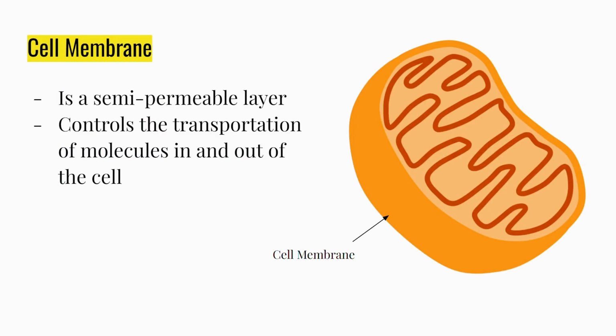So, all cells have plasma membranes. Plasma membrane is just another way of saying cell membrane. In eukaryotes, the cell membrane is found around the cell, nucleus, vacuoles, mitochondria, and chloroplasts, and they make up the structure of the endoplasmic reticulum and the Golgi apparatus.